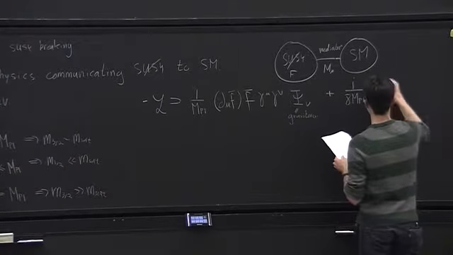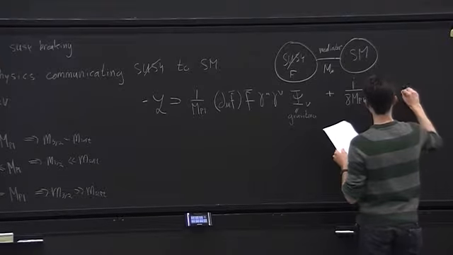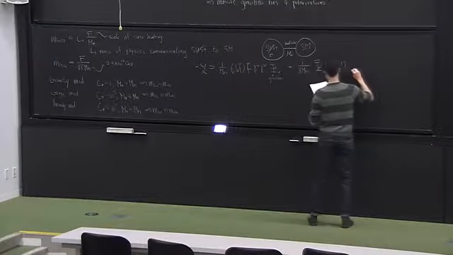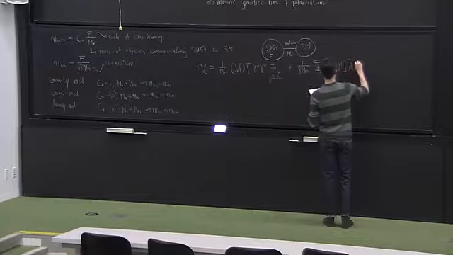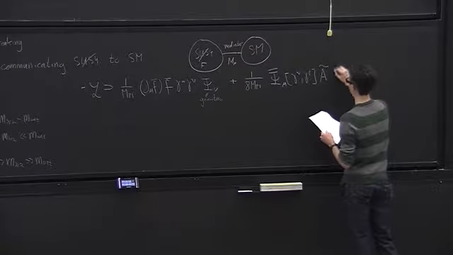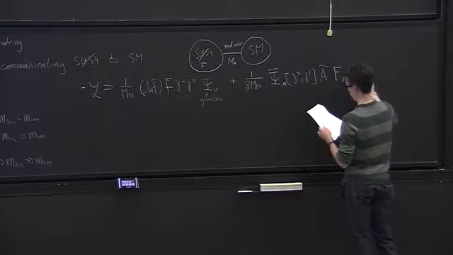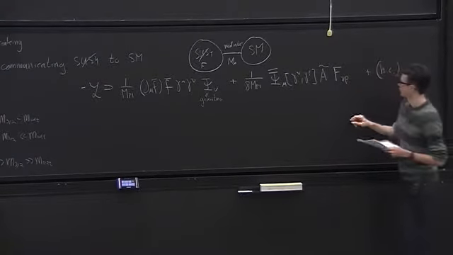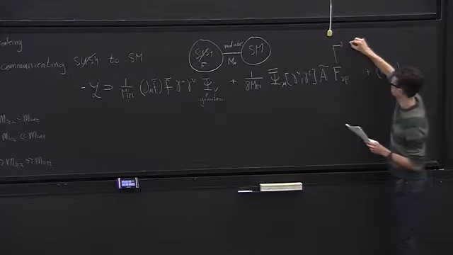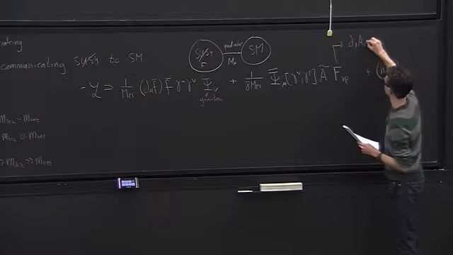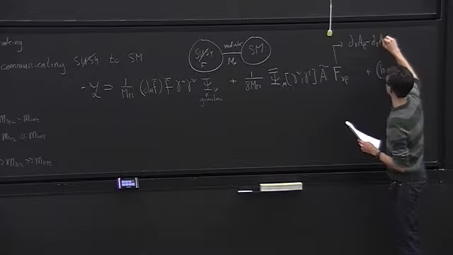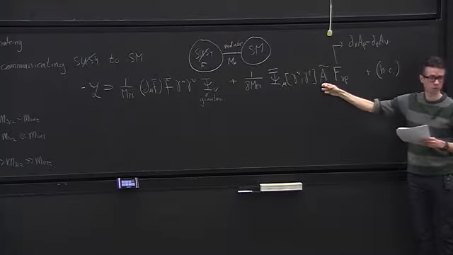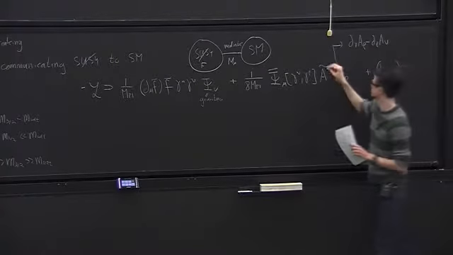And then here I've got my gravitino coupling, psi mu. And then I have some Lorentz structure, and then I have a gaugino field, and then I have a field strength for the gauge boson. And then I need to add the Hermitian conjugate. So this is a field strength, del nu A rho minus del rho A nu, just a regular vector boson field strength, and this is the gaugino for that vector boson.